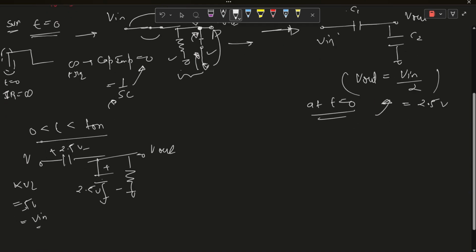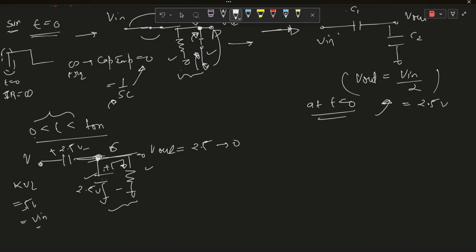When the time proceeds from 0 to t on, this capacitor starts discharging through this resistor, because these are in parallel. This capacitor sees this resistance and starts discharging, because no current is flowing there. I will explain later why this is happening. We can see V out start reducing from 2.5 volt to 0 volt.